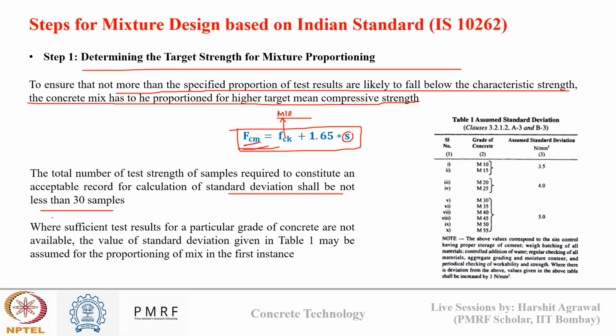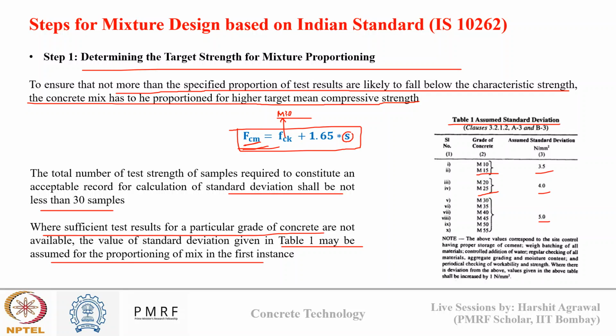Okay, where sufficient results of particular strength grades are not available, the value of standard deviation given in table 1 may be assumed. So suppose you don't know what standard deviation you should take, the code says you should refer to table 1 of IS 10262, where for different grades of concrete, standard deviation is given, which you need to assume.